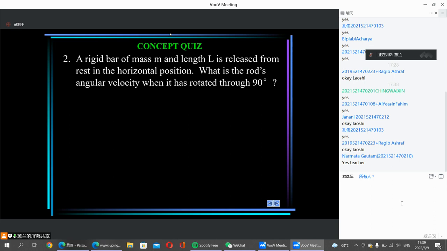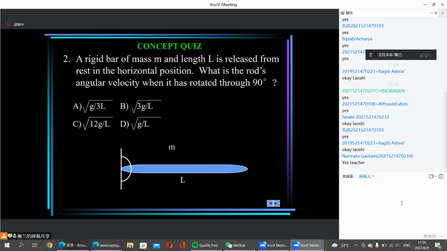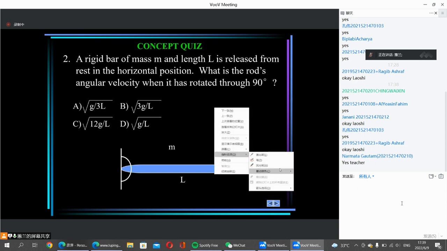A rod of mass m and length l is released from rest in the horizontal position. Here we got a very important condition: it is released from rest in the horizontal position. What is the rod's angular velocity when it has rotated through 90 degrees?